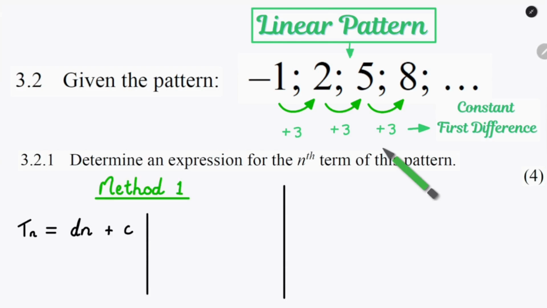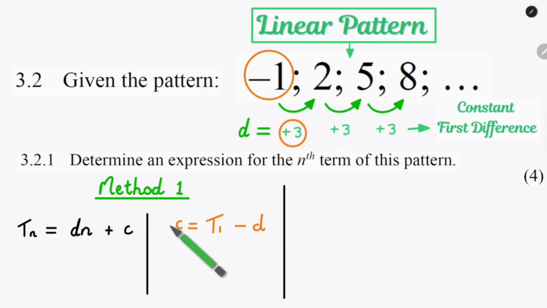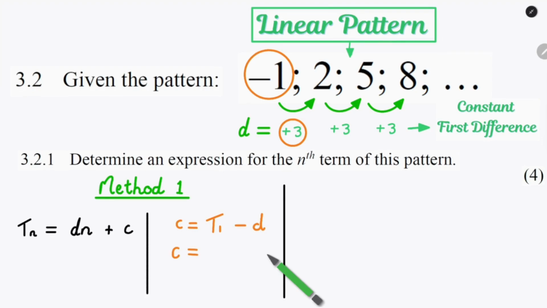So in method 1, we start off with a generic formula, dn plus c. Now, to get the c value, you have to take term 1 minus the difference of 3. So we're going to fill those in quickly. Term 1 is just negative 1, and the difference is 3. Minus 1 minus 3 will give me this minus 4 over here.